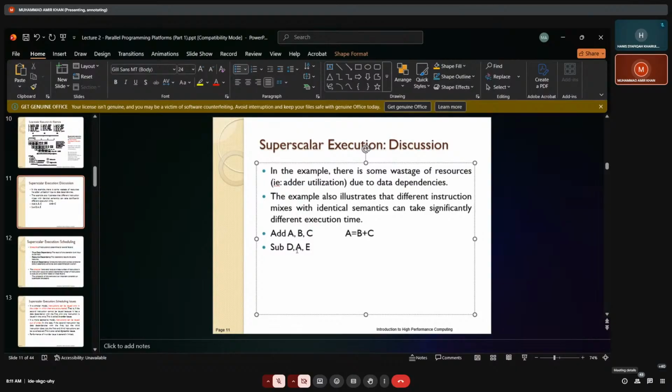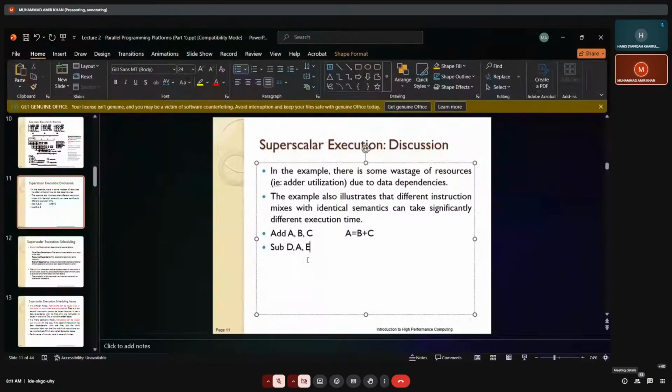In the next instruction, definitely we have to wait for the result of A. Because first is instruction fetch and second is instruction decode. When the first instruction is decoded, the second instruction will enter fetch, then it goes to execute.